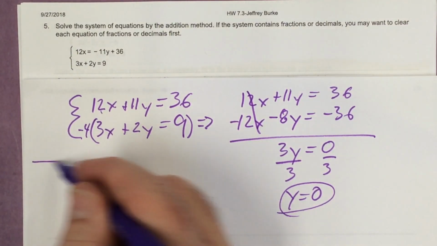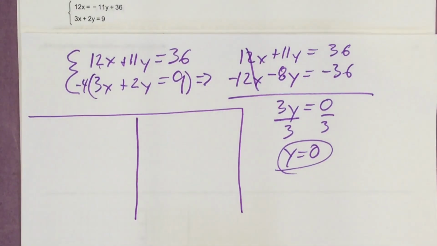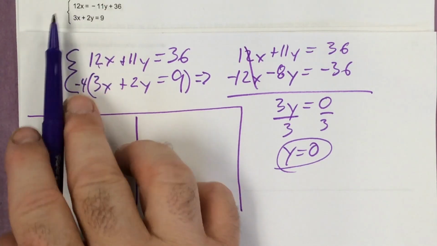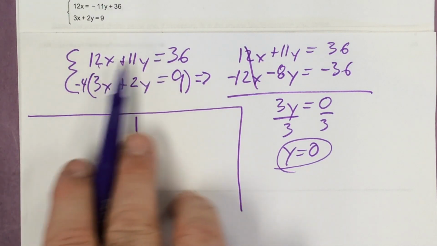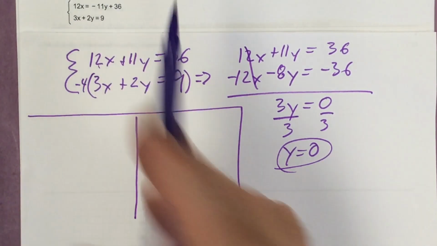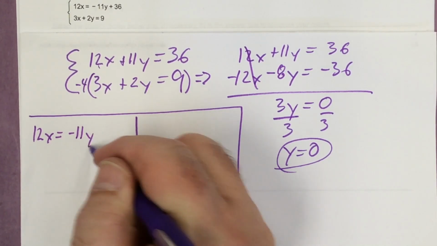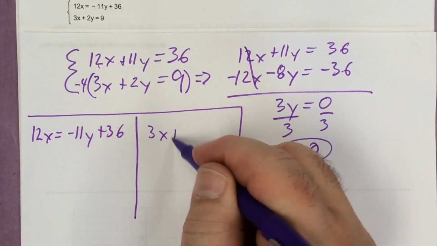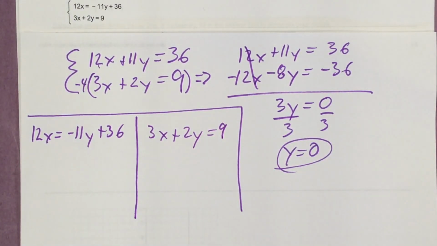In order to test if that solution works in this system, I'm going to put down those two equations as they are originally written, not the one I changed. So it's 12x equals negative 11y plus 36, and the other equation is 3x plus 2y equals 9.